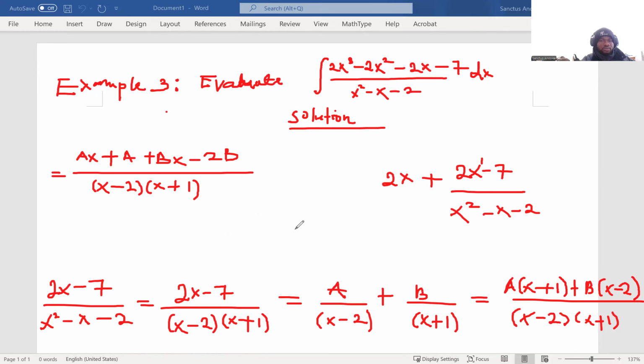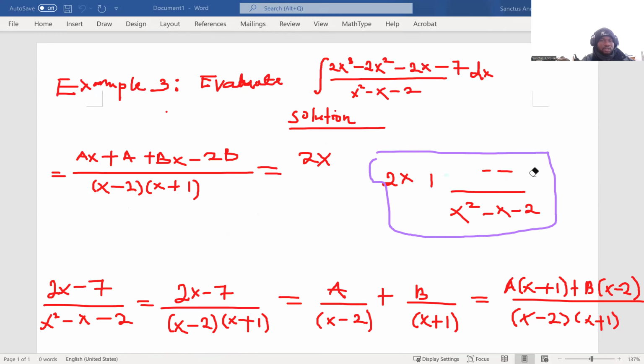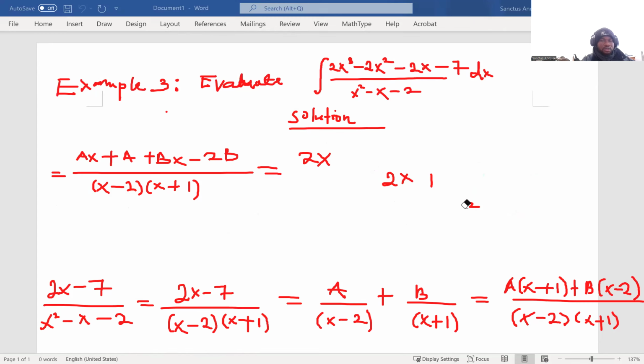So remember this is equal to 2x. Please don't mix this up. Better still, let me clean it up. We don't need to forget the 2x.